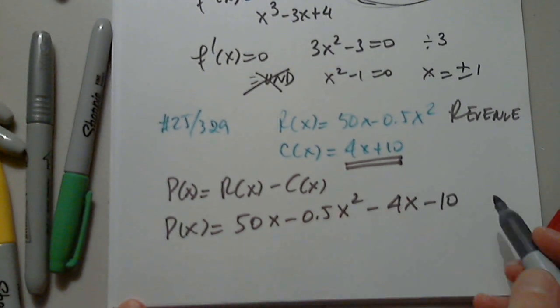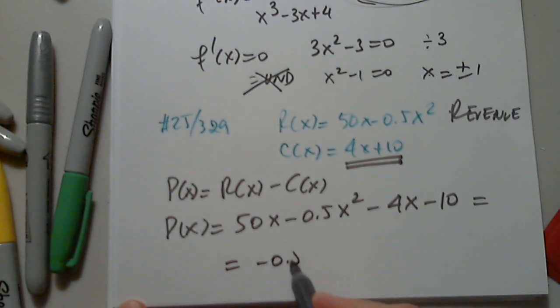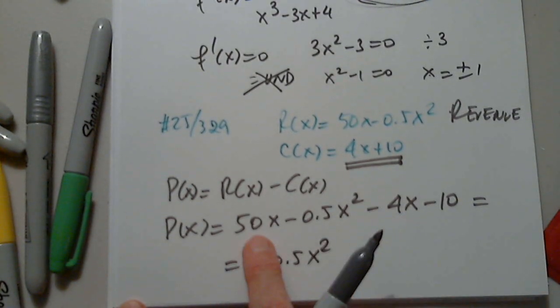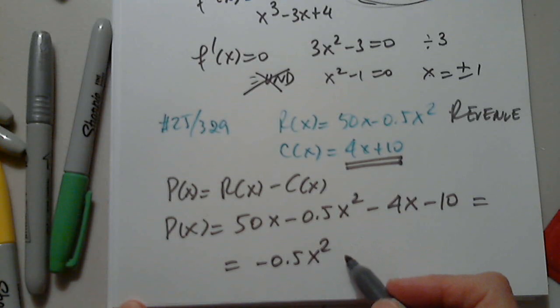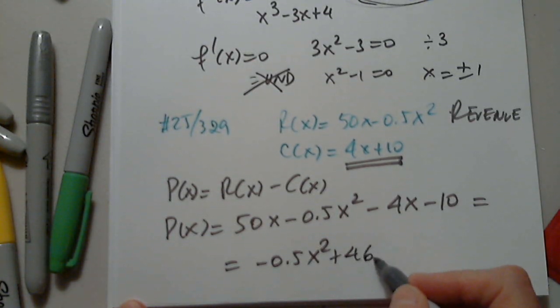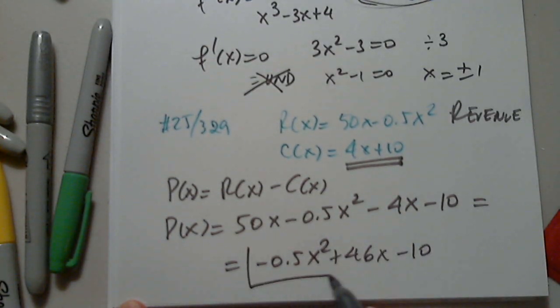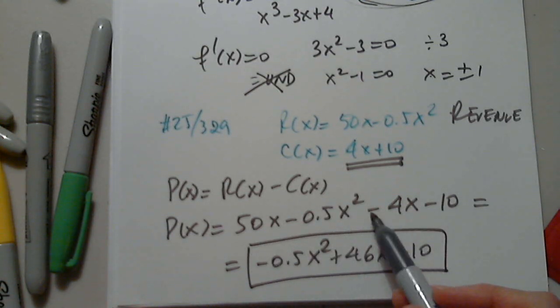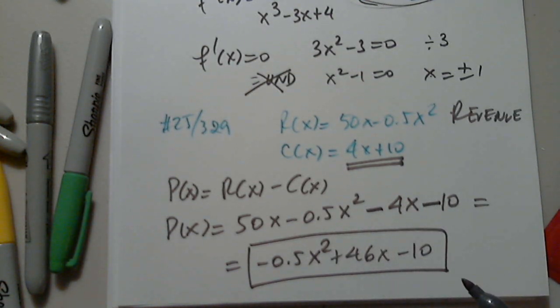I have to arrange this correctly as negative 0.5x squared, 50x minus 4x is positive 46x, and minus 10. Please remember to do this. Subtract all terms in the cost function, and then 50 minus 4 is 46.